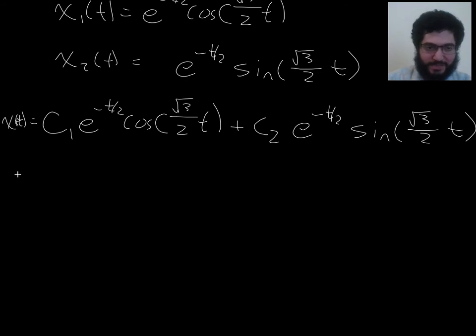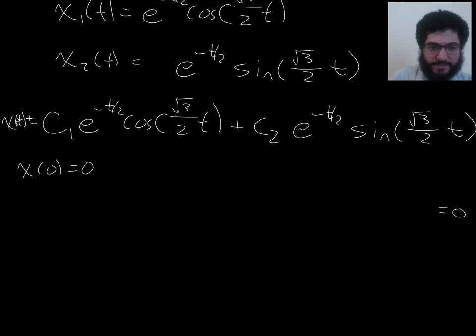Okay, so let's see. x of 0 equals 0. To impose this initial condition, I need to plug in t equals 0. The right-hand side of this equation is 0, and the left-hand side is what I get when I plug in t equals 0. I can already tell you that the sine term is going to die because it's going to be sine of 0, which is 0.